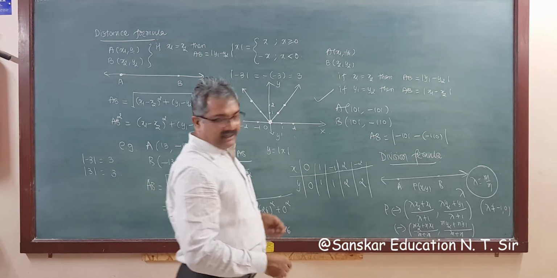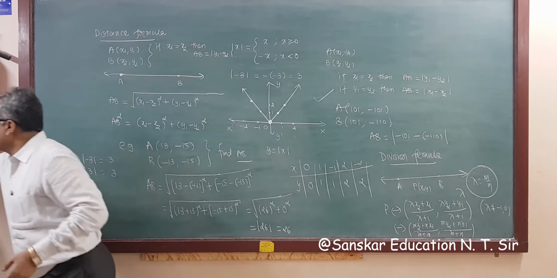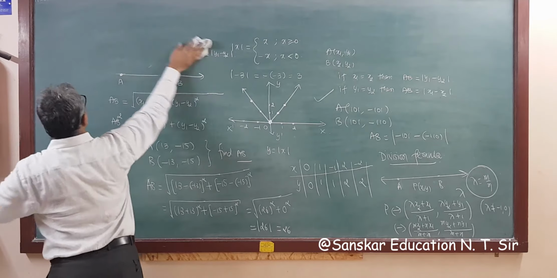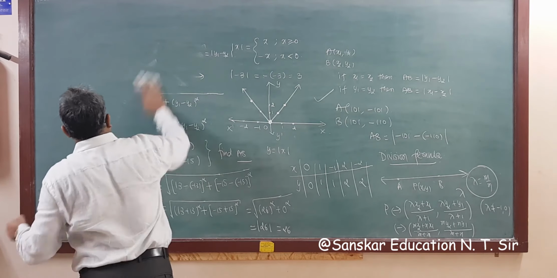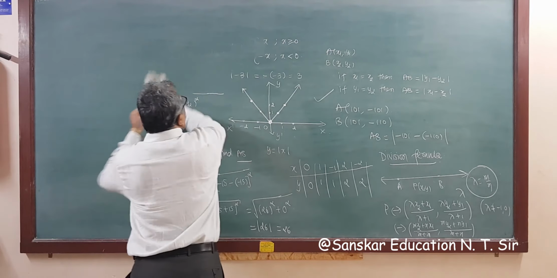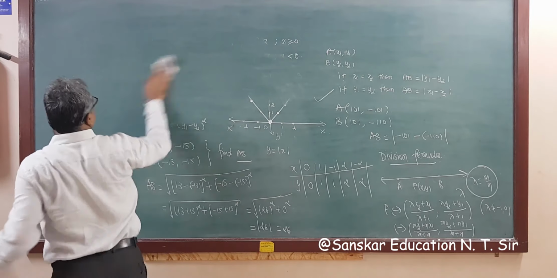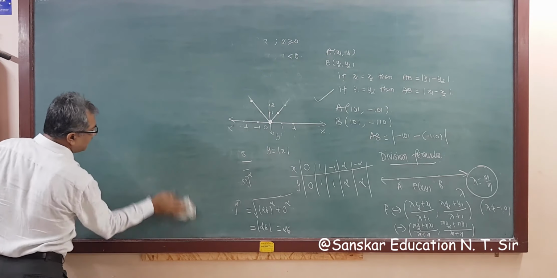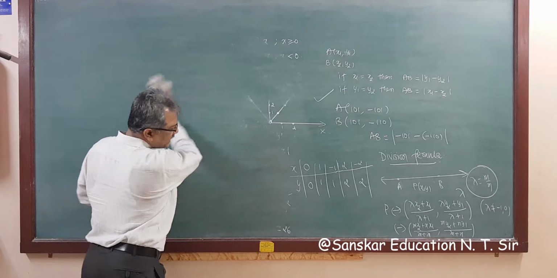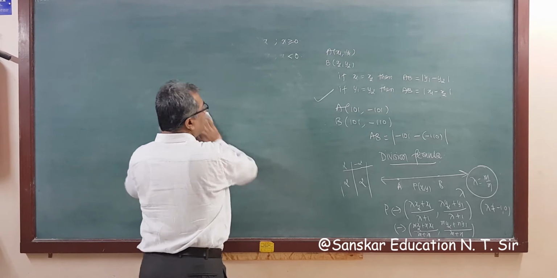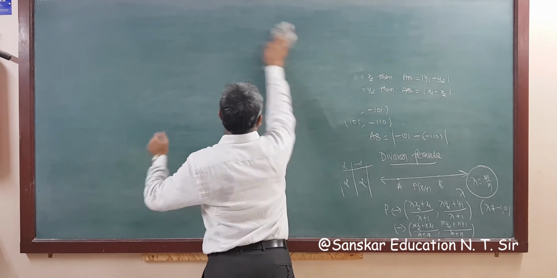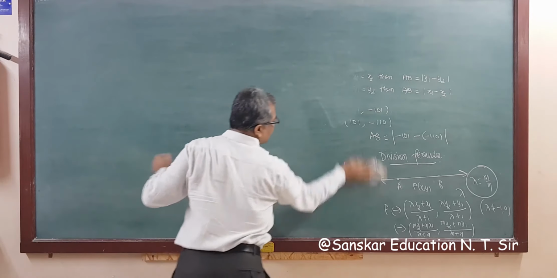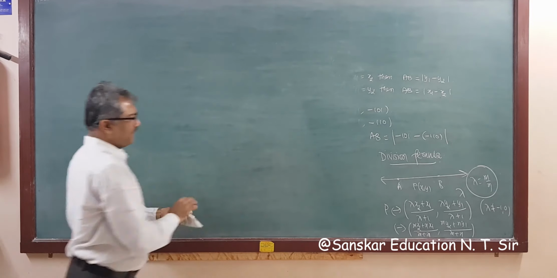One example is there, just a minute. Given 2 points, you are asked to find the trisection points. You have also solved such an example, right? Finding the trisection points of the given segment. So let us see.